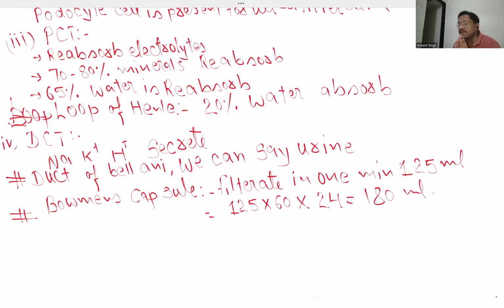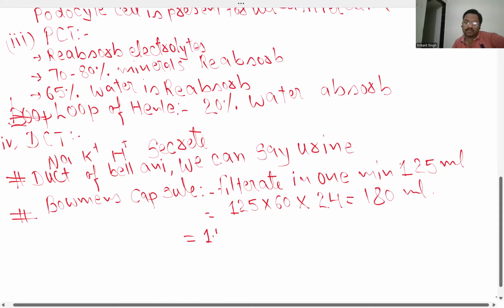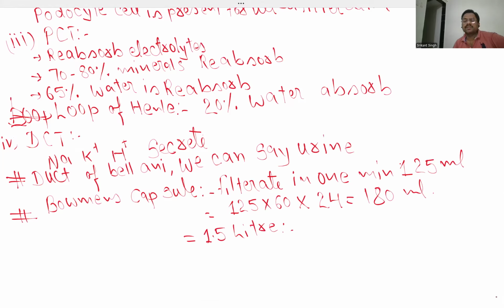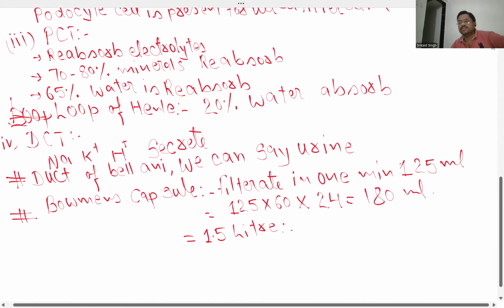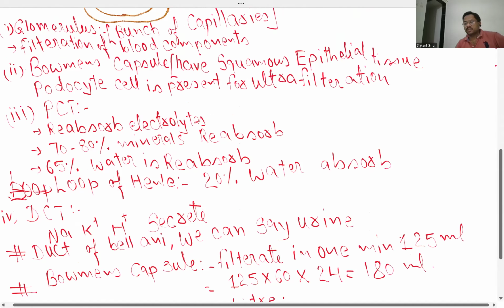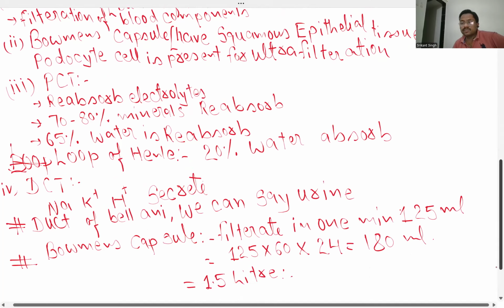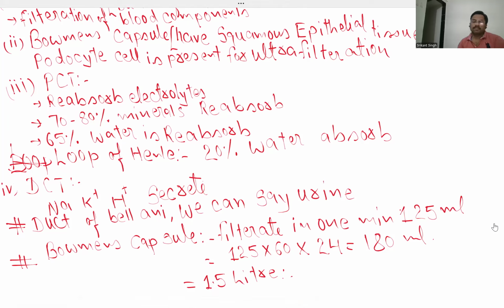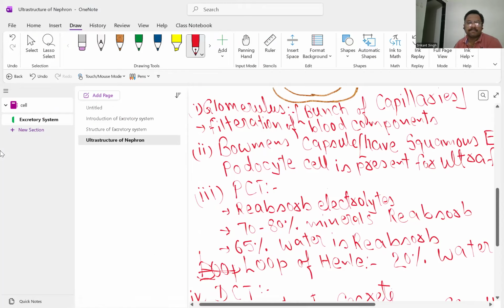This much amount has to be filtered. At the last, only 1.5 liters a day we urinate. Is it okay?